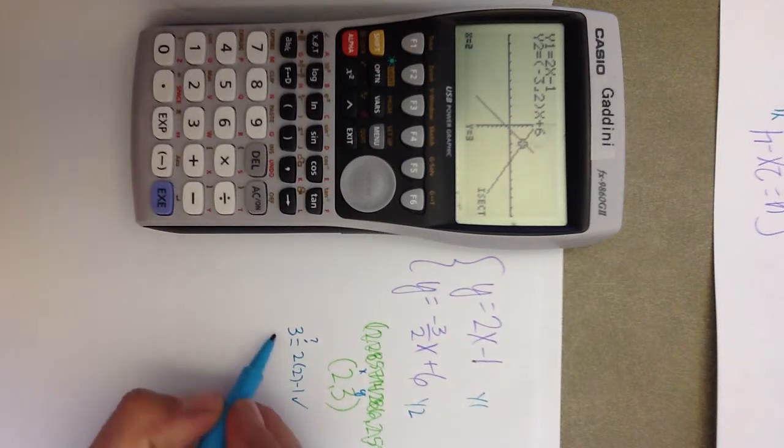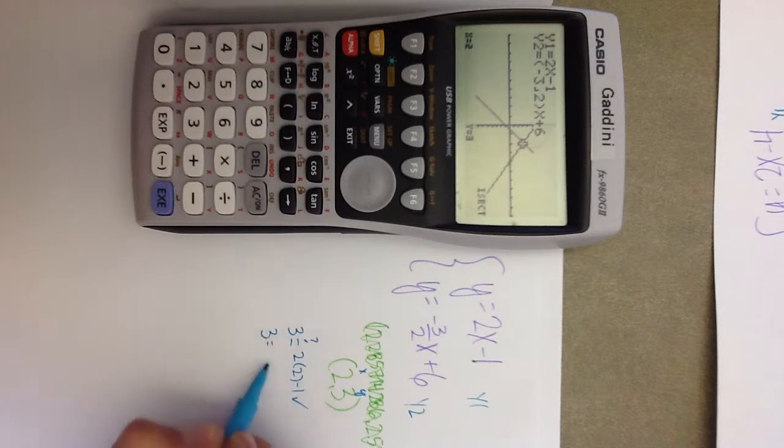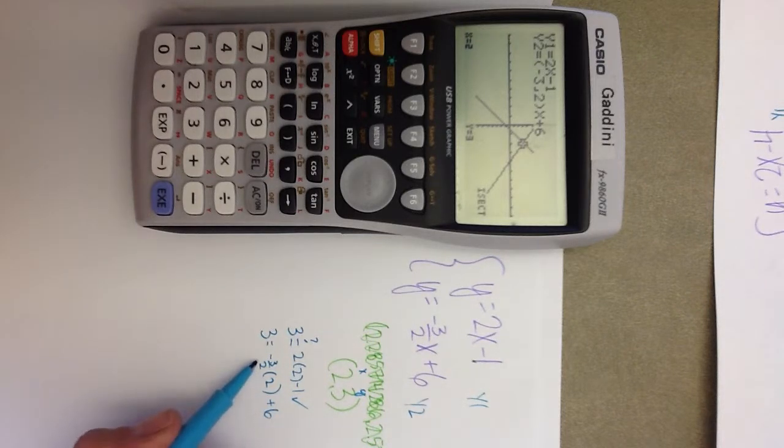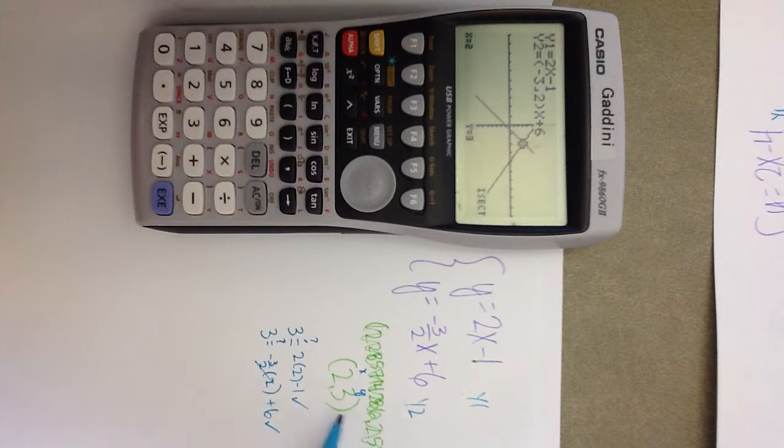Now when I plug it in the second one, I get 3 equals negative 3 halves times 2 plus 6. Now when I multiply these fractions, the 2's go away, and is 3 equal to negative 3 plus 6? Yes, it is. So I've verified that this ordered pair works in both of my equations, and if it's a solution to both equations, then it has to be a solution to the system.